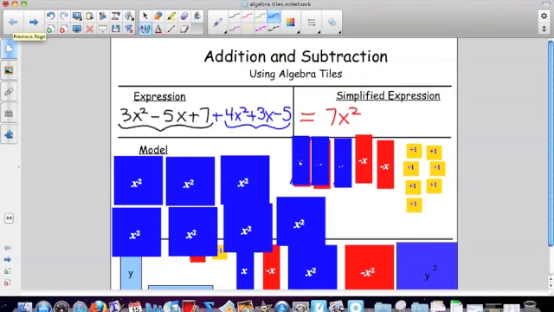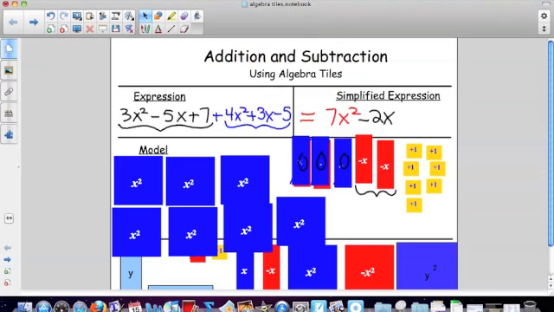So all that is left is negative 2x, okay? So the positives and negatives have canceled each other out, so that's a 0, 0, 0. So I'm left with negative 2x. And if you check, negative 5x plus 3x is negative 2x, so that's correct.